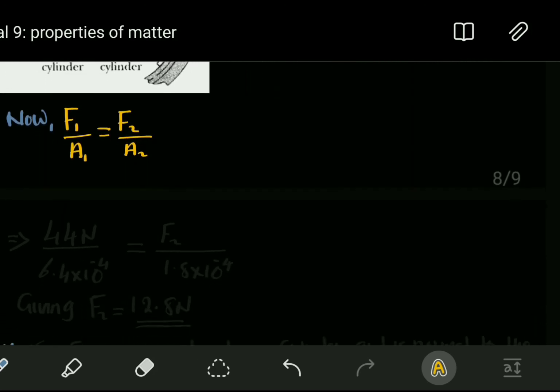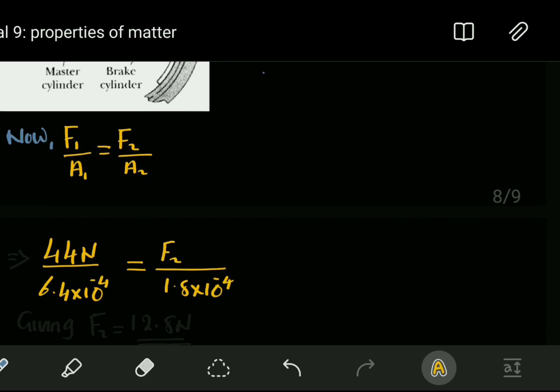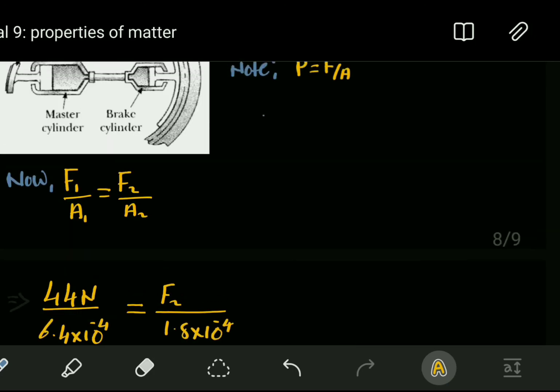The force applied to the master cylinder is 44 newtons, divided by the area of the master cylinder, equals the force on the brake cylinder divided by the area of the brake cylinder, giving a force of 12.8 newtons. This is the force applied on the brake cylinder.